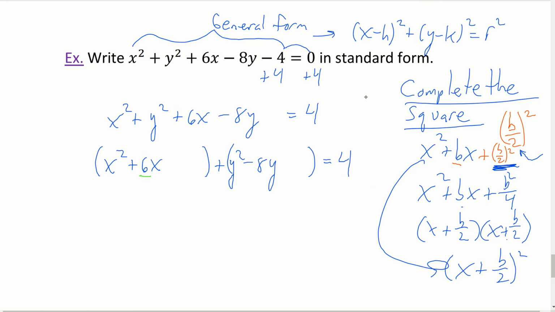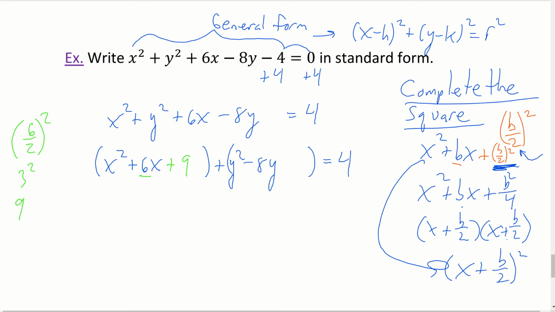What we would do is take half of 6, and then square it. Half of 6 is 3, and then 3 squared would be 9. So to make a perfect square trinomial inside of this parenthesis, I need to have a positive 9 added into it.